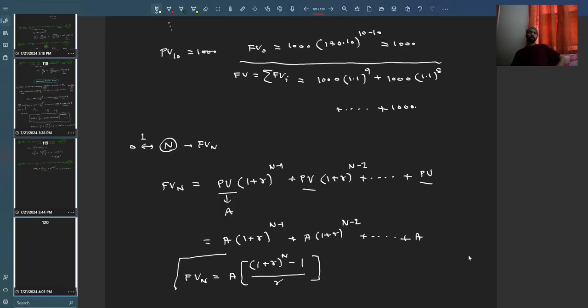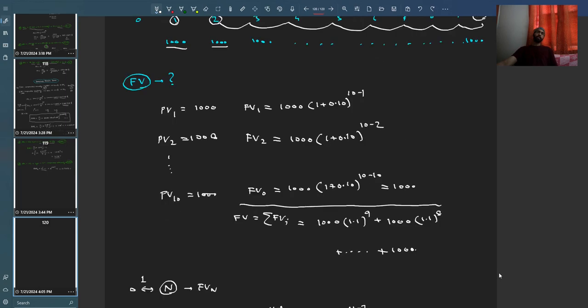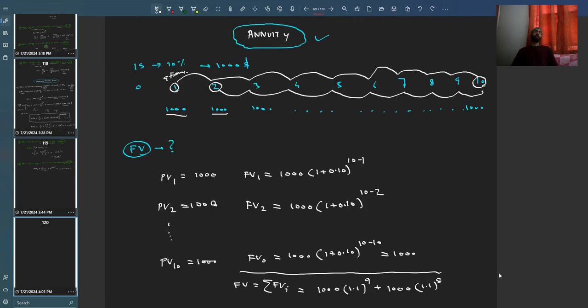If you take A common, this becomes a geometric progression, and the formula for a geometric progression is shown here in this expression. It is nothing else. So this is our formula for calculating annuities. This is an ordinary annuity, by the way, friends. Ordinary annuity means the first investment happens in period 1.